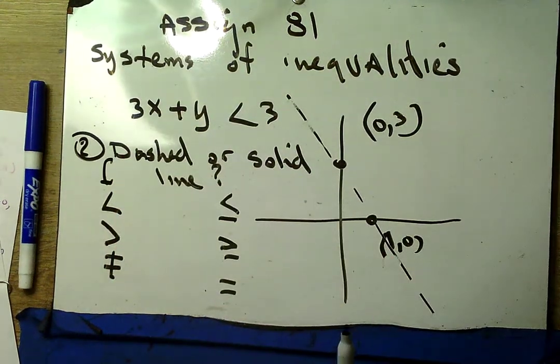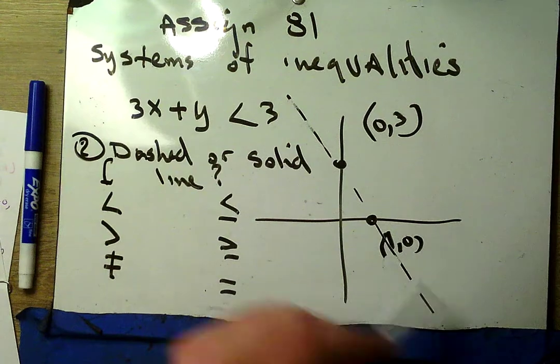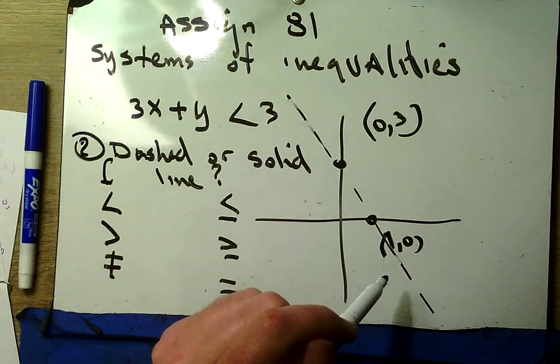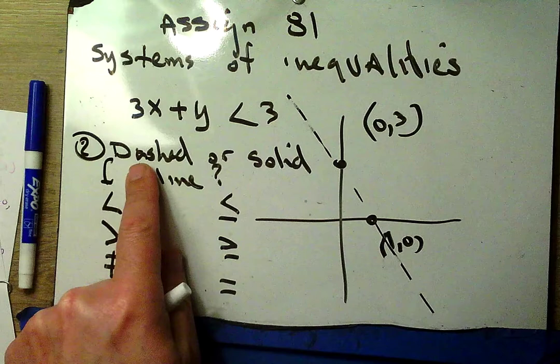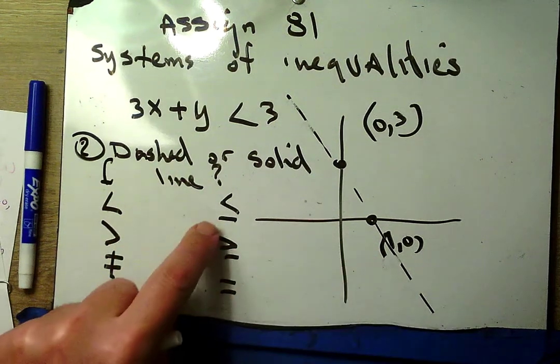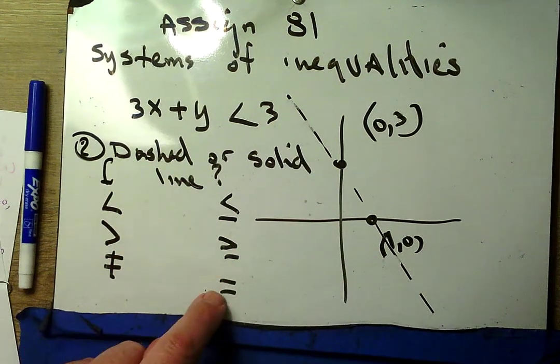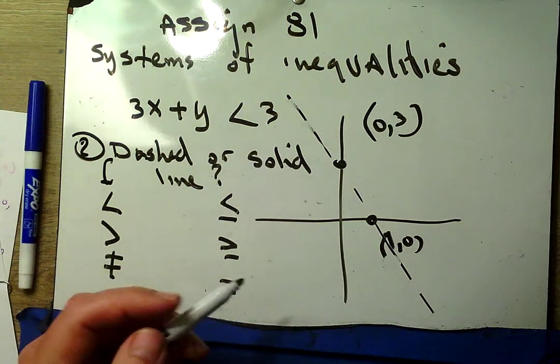Okay? That dashed line means I go up to that line, but I don't include the values on that line. The line itself is not included, which is why it's dashed. If I want the line included, that's what these are for. These say that line is included as well as all the other points.